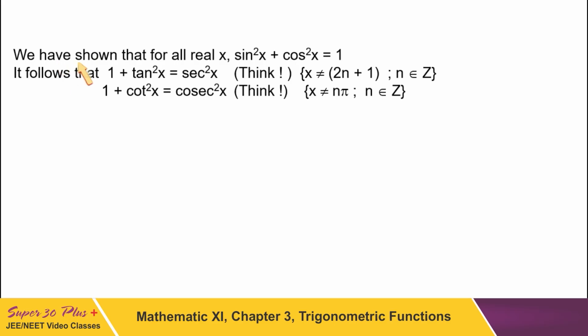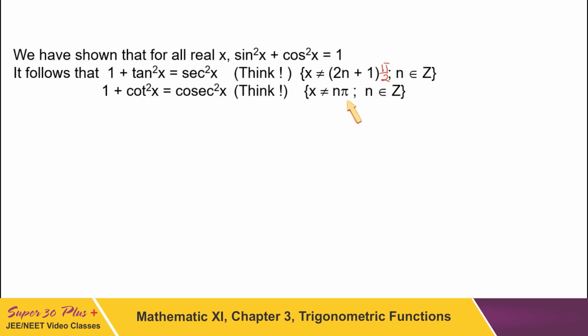Up to now we have shown that for all real x, sin square x plus cos square x is equal to 1, and it follows that 1 plus tan square x is equal to sec square x, and 1 plus cot square x is equal to cosec square x. Here x is not equal to (2n plus 1) pi by 2, and here x is not equal to n pi.